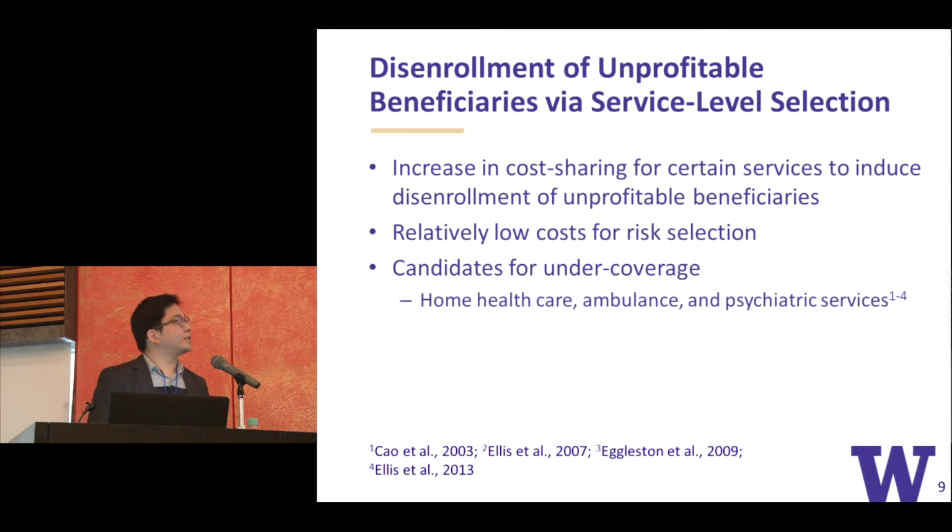So if health plans can figure out unprofitable services at the population level, then health plans can avoid unprofitable people without knowing additional individual level risk factors. And based on previous studies, home healthcare, ambulance, and psychiatric services are services that are unprofitable to health plans.